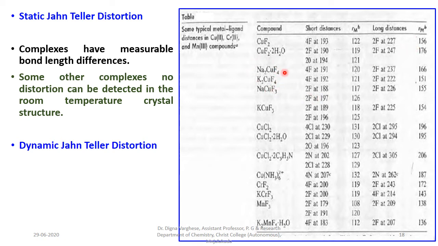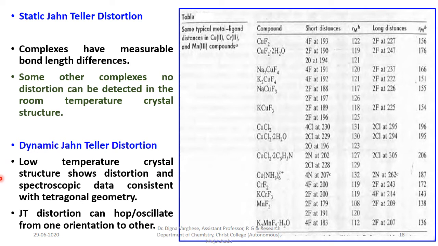In the case of octahedral complexes, this also shows some measurable bond distances, but in the case of some complexes there are no measurable bond lengths at room temperature; these undergo dynamic Jahn-Teller distortion. Static Jahn-Teller distortion means complexes have measurable bond length differences. Some other complexes have no distortion that can be detected in the room temperature crystal structure.